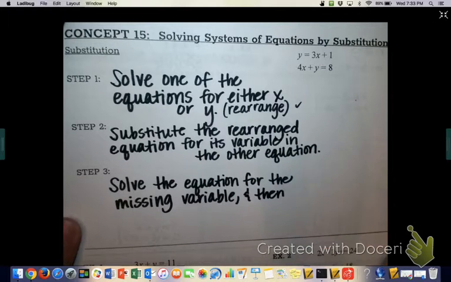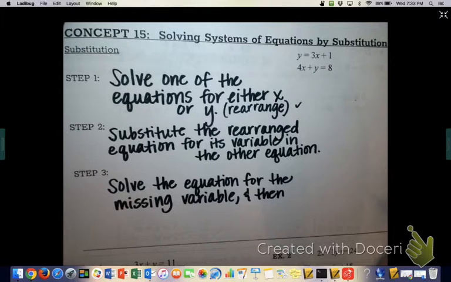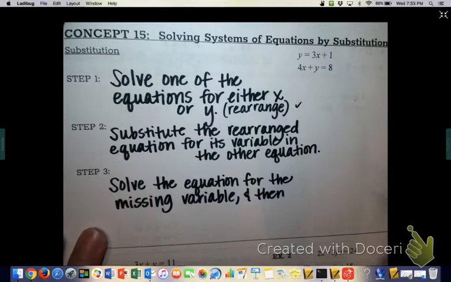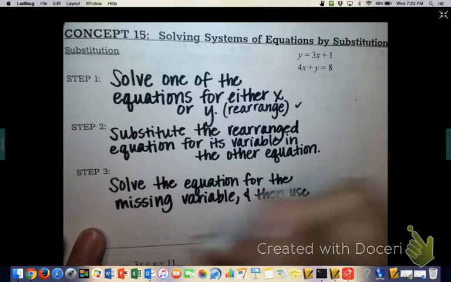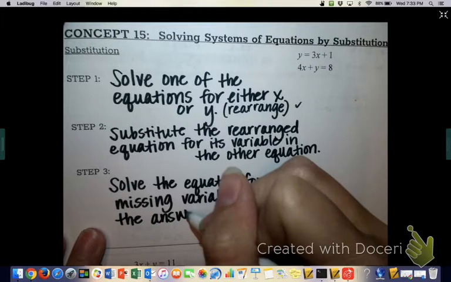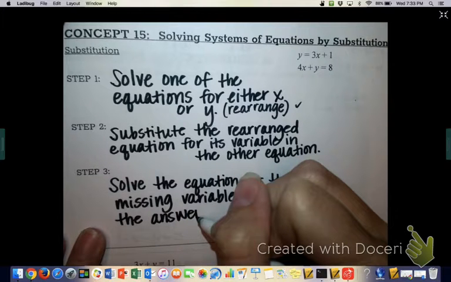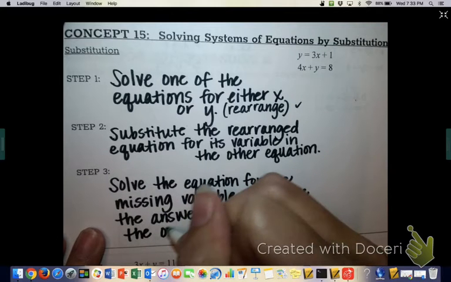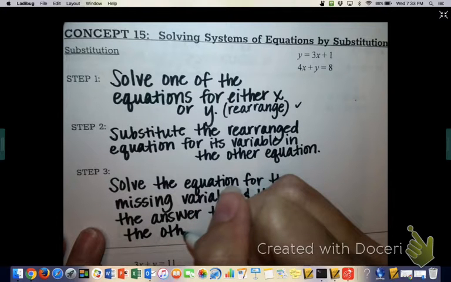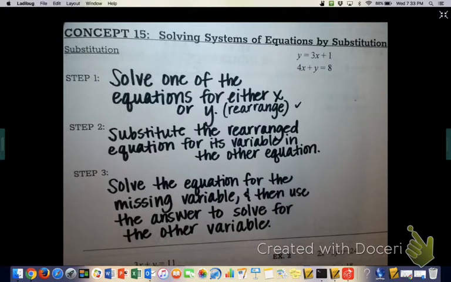And then use the answer to solve for the other variable. And again, I'll walk you through all of that just so you have this in your notes.